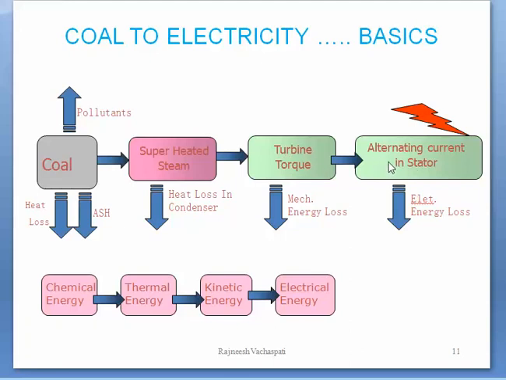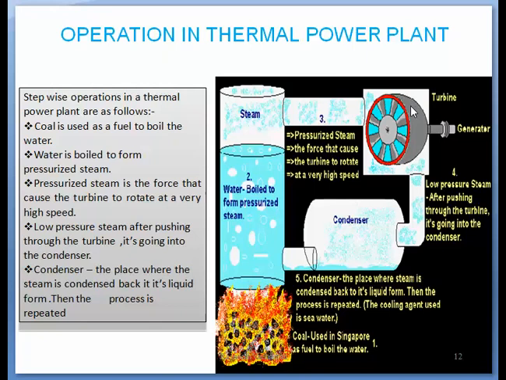Similarly, depending upon the efficiency of the generator, there will be certain electrical energy loss. So this is the basic process of how the chemical energy of coal is finally converted into electrical energy. We will see the basic operations that take place in a thermal power plant.